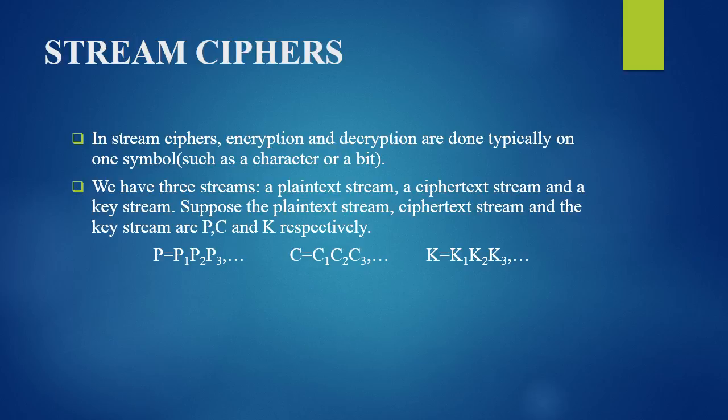From the plain text stream, if we choose the first character, which is P1, and from the key stream we choose the first character, which is K1, and they both are fed as input to the encrypting algorithm, we will get C1, that is the first character of ciphertext. Similarly, with inputs K2 and P2, we will get C2 as an output, and with inputs P3 and K3, we will get C3 as an output.